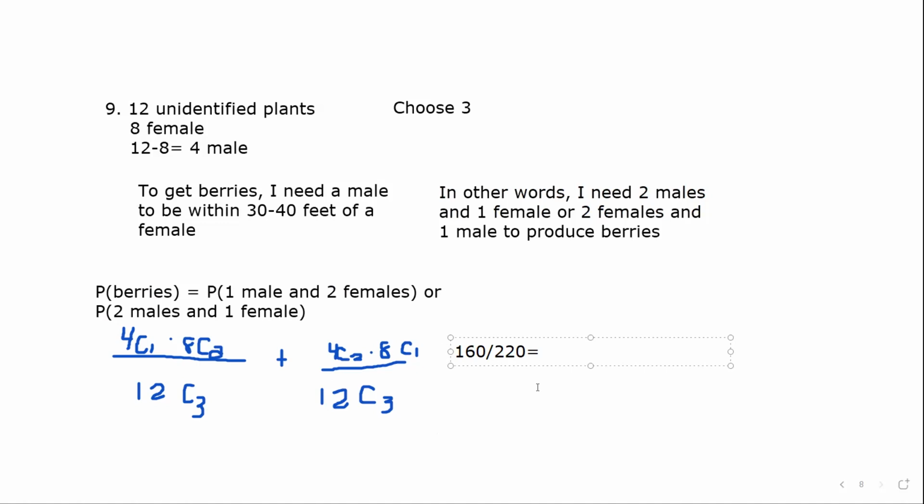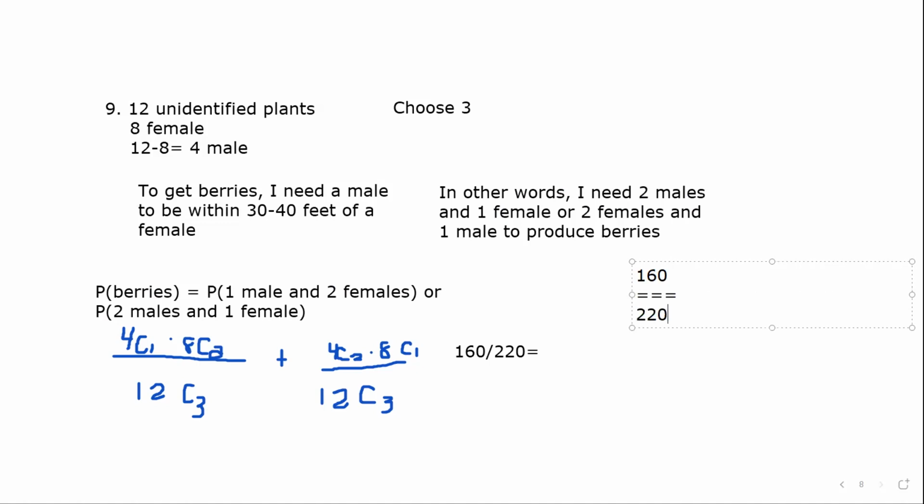Here it was a little easier because both numbers end in 0, and when a number ends in 0, I can divide it by 10.